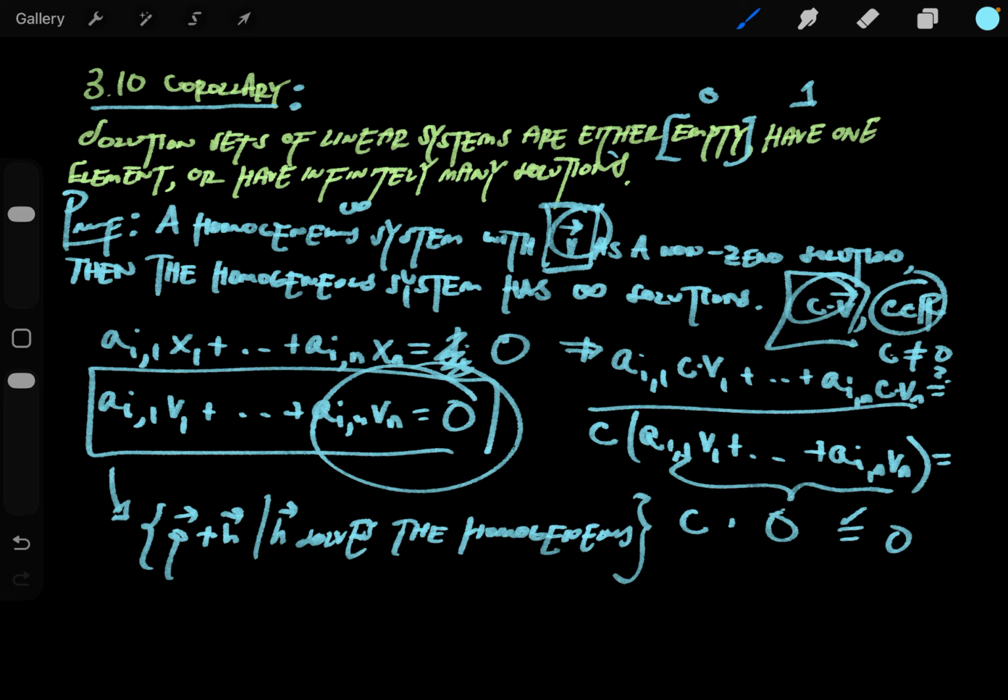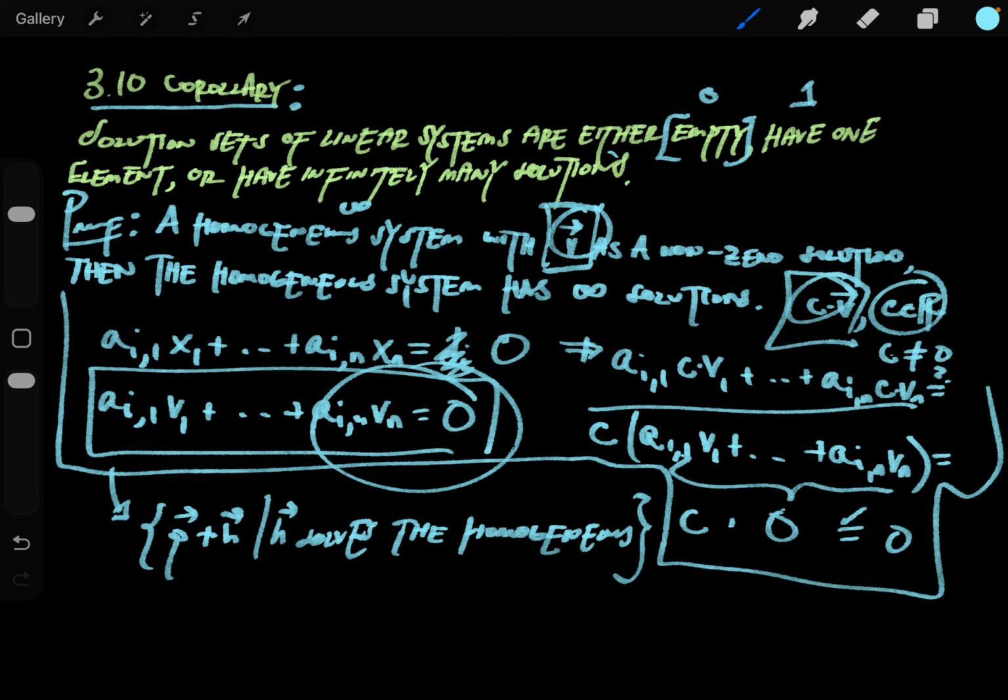Now, you want to see that this set is either empty, has one member, or has infinitely many members based upon just this argument here. So we know that if there's no particular solution, then this set is empty.